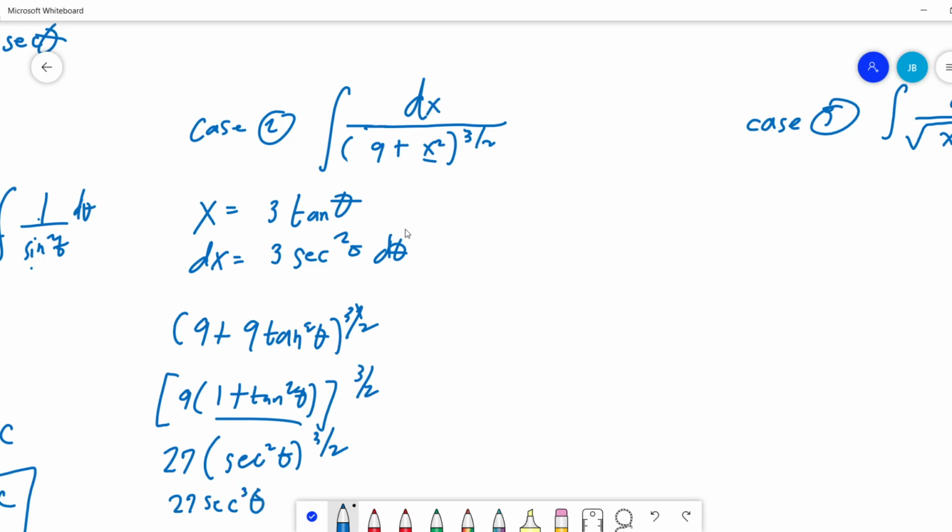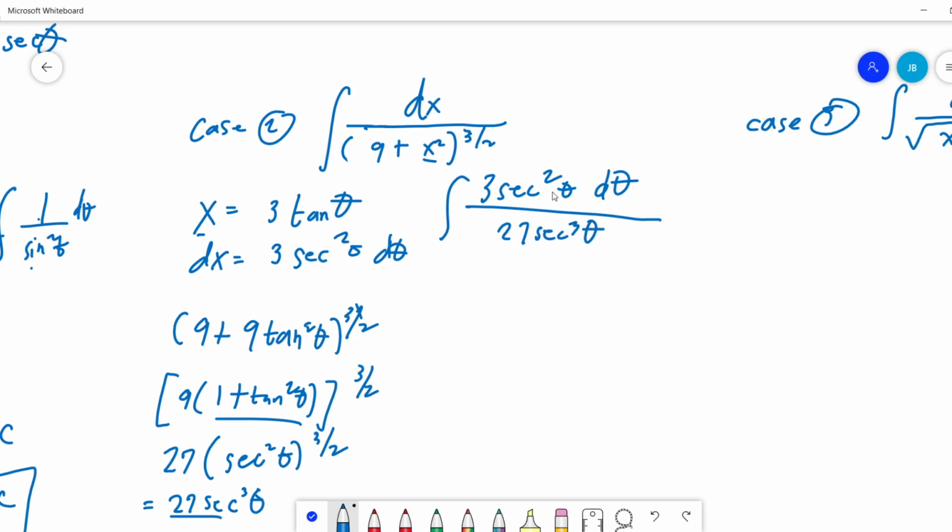Alright, so therefore, we are going to change the values inside the integrand in terms of theta. So that would be your dx, which is 3 secant squared theta d theta all over your 9 plus x squared raised to 3 halves. We already simplified that one. The value is 27 secant cubed theta.